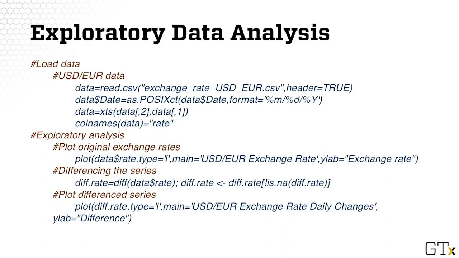A first step is to read the data in R using the read.csv function. Each currency rate is provided in a separate, individual file, but all files have the same structure, and hence the R code in this slide applies to the other two currencies, although it is for euro only.